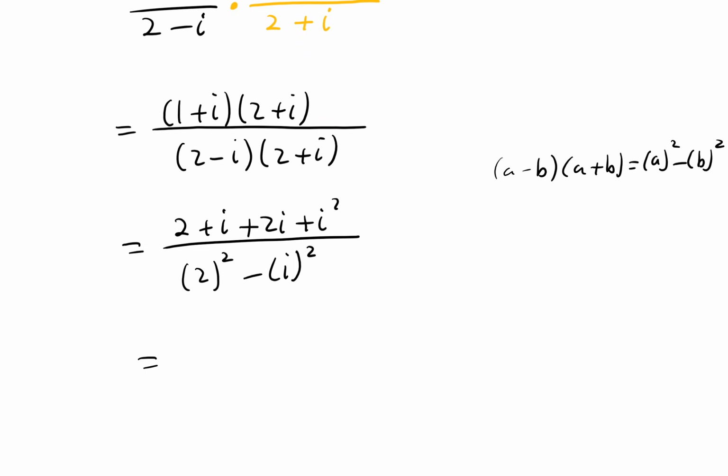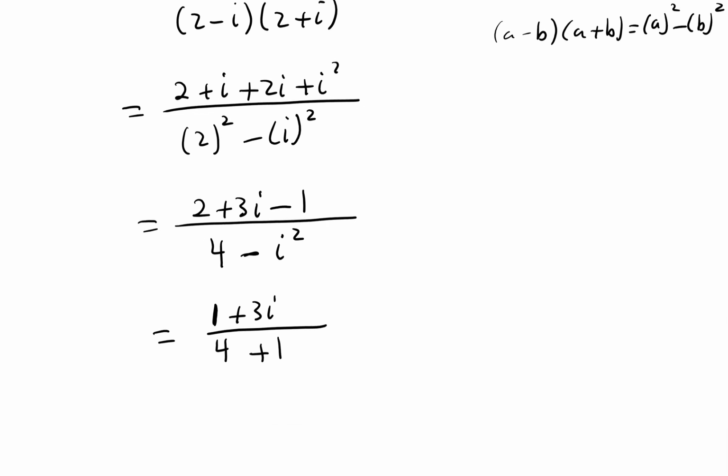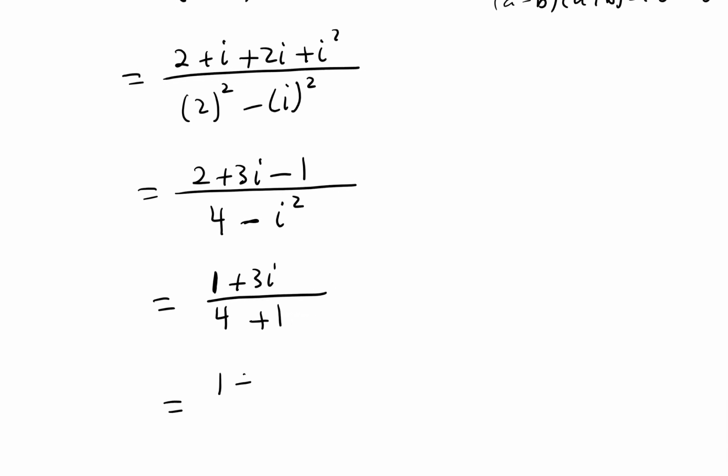On the top, 2 plus 3i minus 1. In the denominator, 2 squared is 4, minus i squared. On the top, 2 minus 1 is 1, plus 3i. On the bottom, 4, and i squared is negative 1, so minus negative 1 is positive 1. That gives us 1 plus 3i over 5.